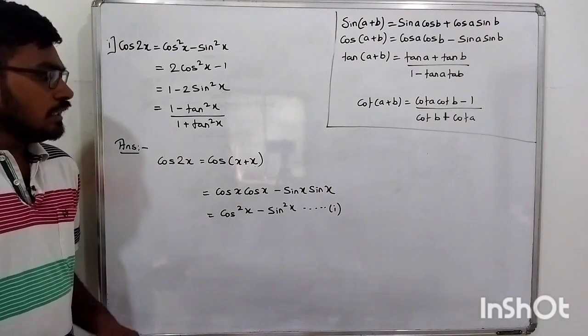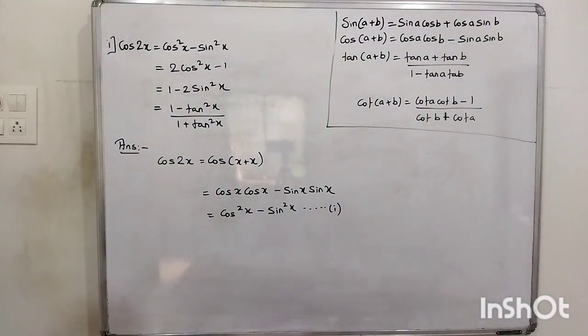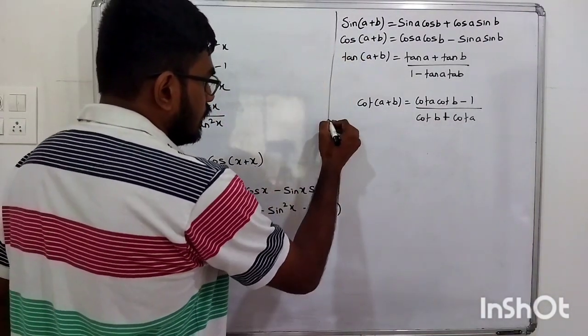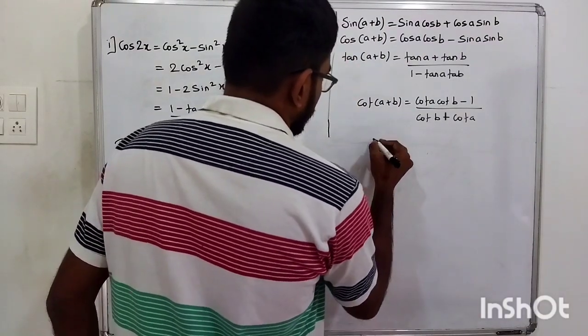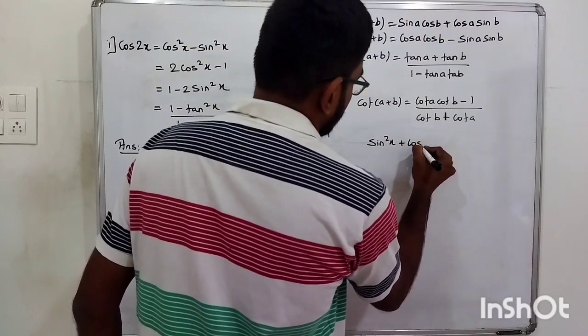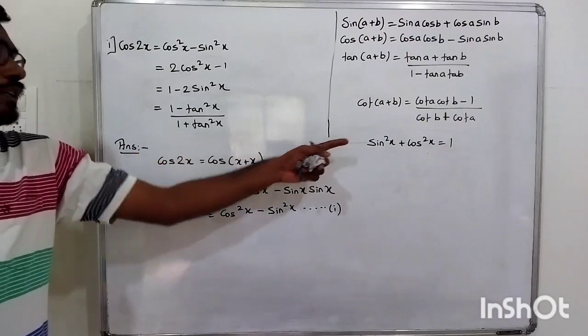Now we can simplify this and write like this. You know the formula from 10th standard, trigonometric identities which we have derived. First identity that we have derived was like this: sin square x plus cos square x is equal to 1. Using this formula, you can simplify this.